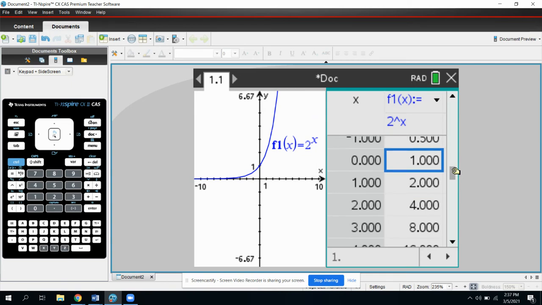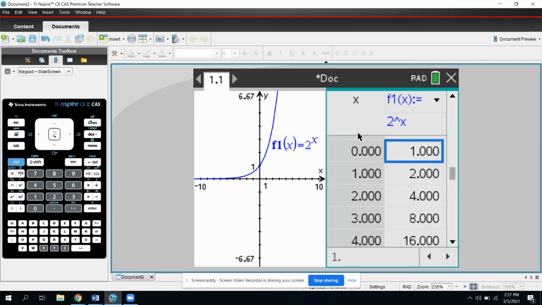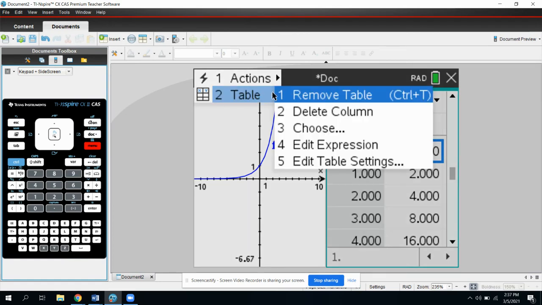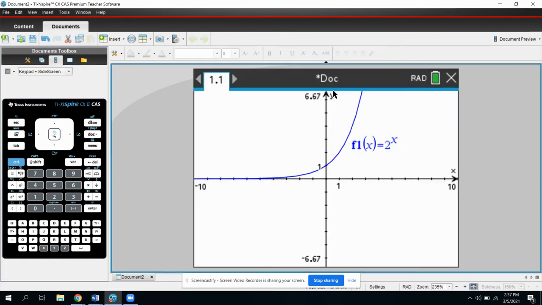So here's the x value. Plug in 0 for x and the y equals 1. You plug in 1, you get 2. When you plug in 2, you get 4, 3, 8, etc. So when we go back to menu, we can go to the table.